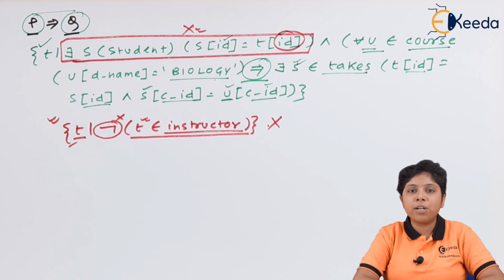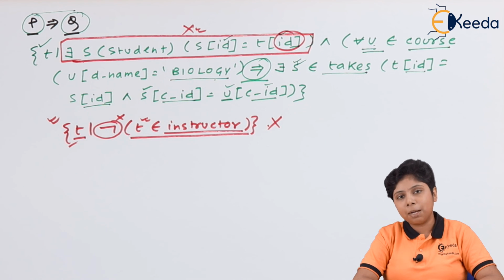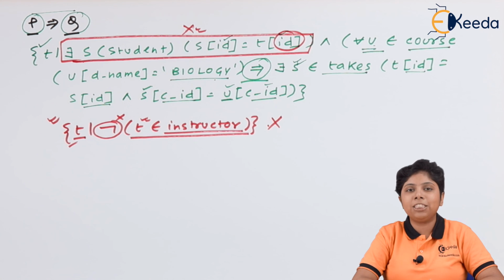Next is the expressive power of this type of language. Now what is the expression that we have calculated till now? It is the basic relational algebra operations that we can perform even with the tuple relational calculus, but not the aggregation and the generalized projection that we have introduced in relational algebra.